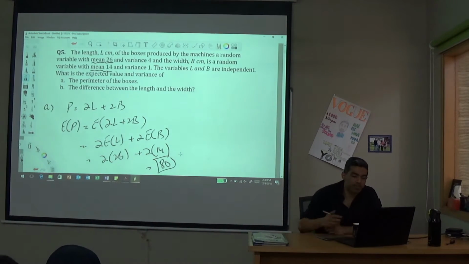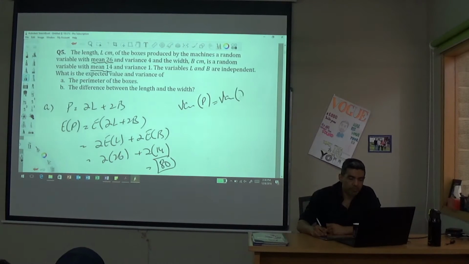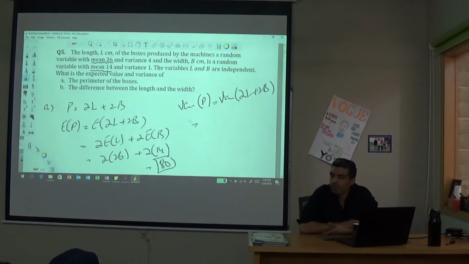Can you get the variance as well? So variance of P would be equivalent to finding variance of 2L plus 2B. But for the variance, the 2 comes out as a square.